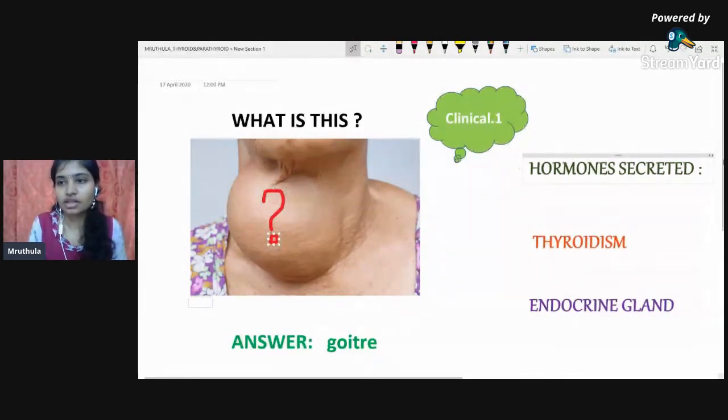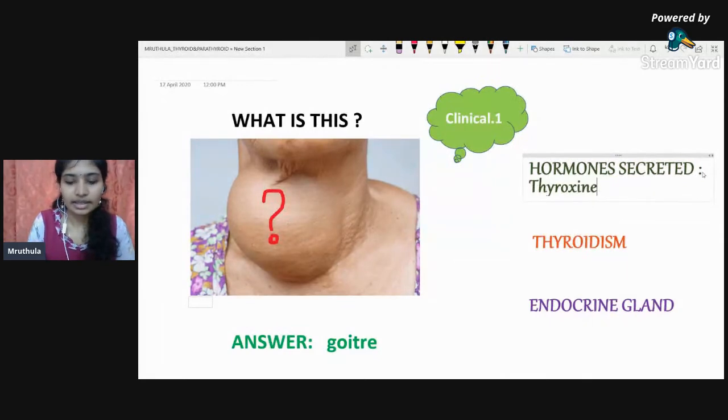So you would also know about the hormones released by the thyroid gland. What are the hormones secreted? So everybody will be knowing it. Thyroxine, and then T3 and calcitonin.